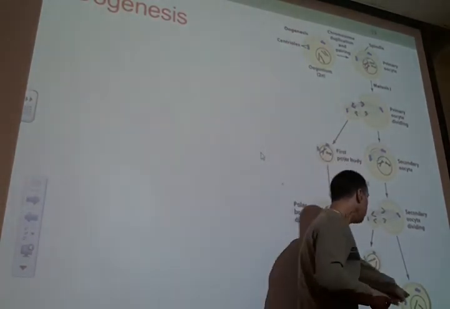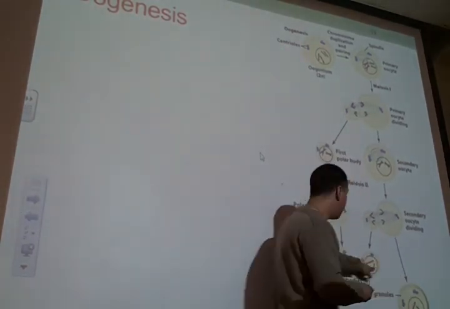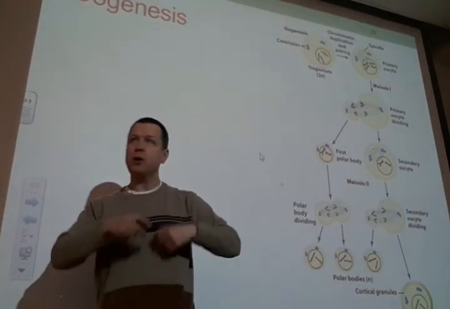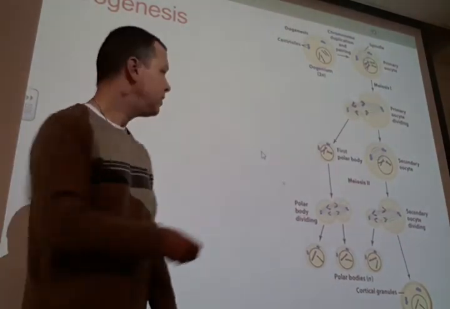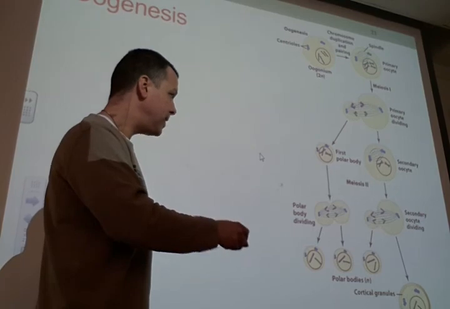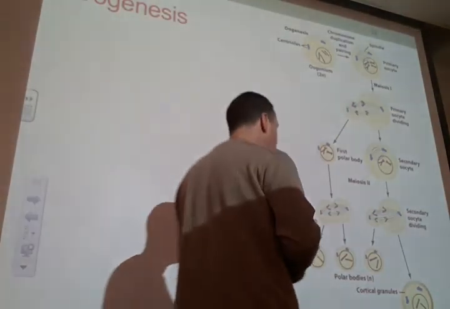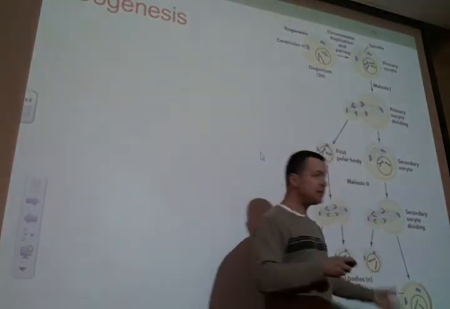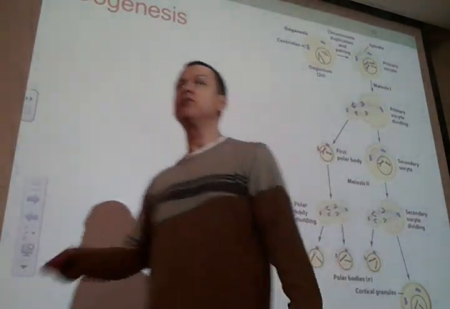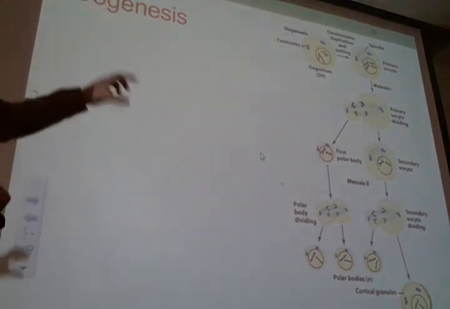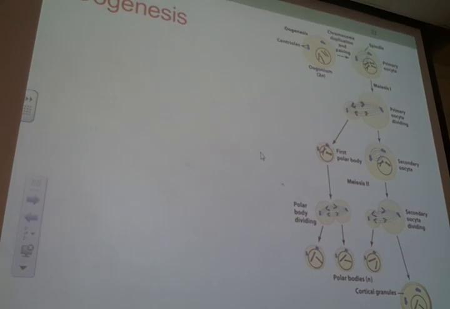So you only actually get one egg and 3 polar bodies. The polar bodies don't develop, so females only actually make one egg after meiosis. Again, because making 4 eggs at a time apparently would be too energetically costly to do effectively. So there are little twists for sperm versus egg that I just wanted to point out.